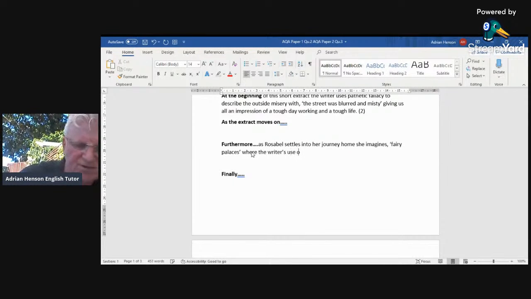the writer's use of metaphor presents her thinking as aspirational. Thinking about her aspirations to have a better life.